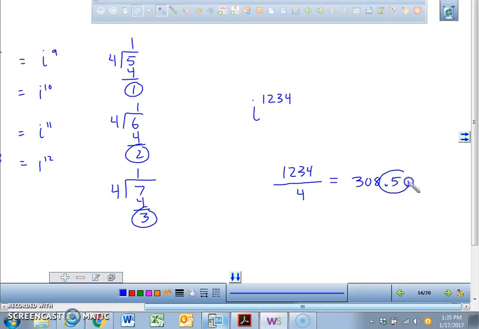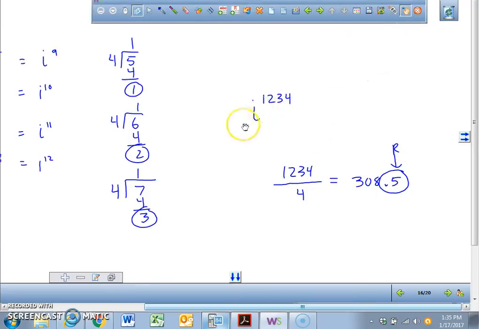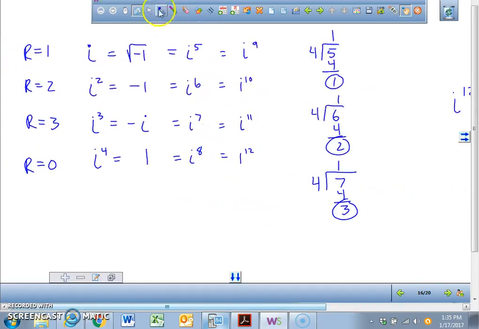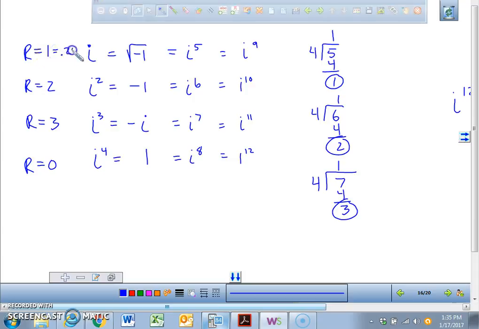I simply want you to focus not on the 308, but on what's left, the remainder. If your remainder is 1, that is equal to 0.25 at the very end. If the remainder is 2, that's going to be 0.5. Remainder 3 is going to be 0.75. And if you have a remainder of 0, you're not going to see a remainder.